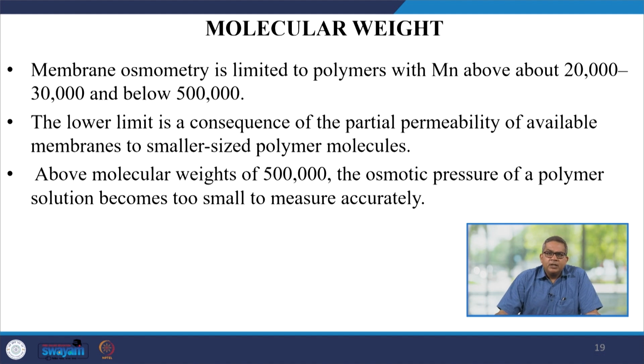Membrane osmometry is limited to polymers with a number average molecular weight above the range of 20,000 to 30,000 and below 5 lakhs. The lower limit is the consequence of the partial permeability of available membranes to smaller sized polymer molecules. Above a molecular weight of, say, 5 lakh, the osmotic pressure of the polymer solution becomes too small to measure accurately.